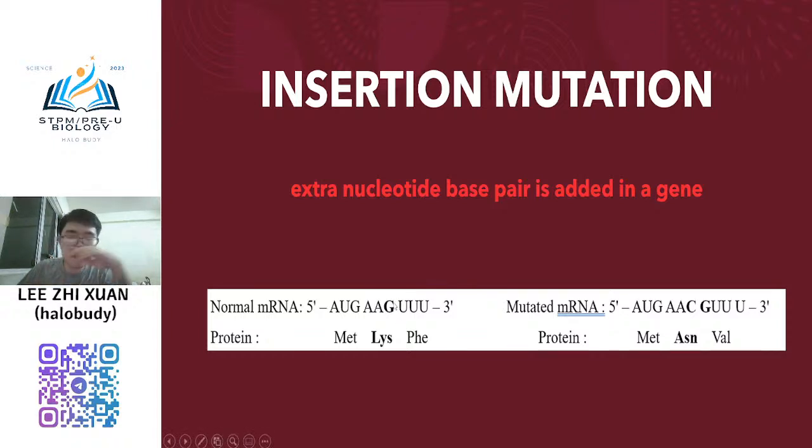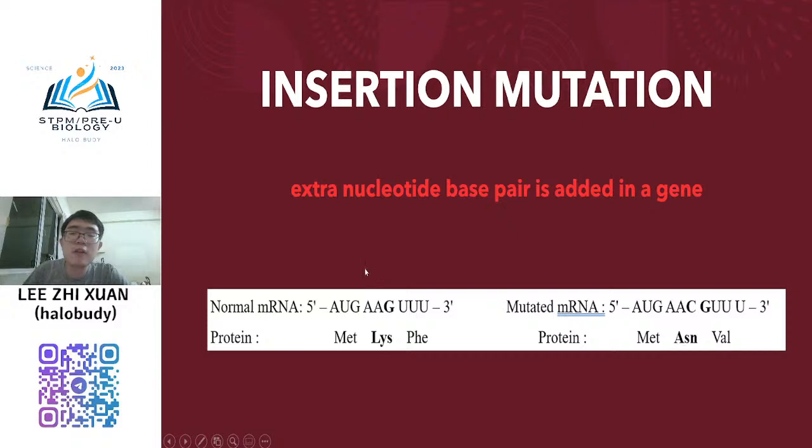Because I already said that if you only insert 1 to 2 nucleotides, it will change the entire genetic code sequence. But if you add directly 3 nucleotides here, this will not give a very big effect on the amino acid sequence.